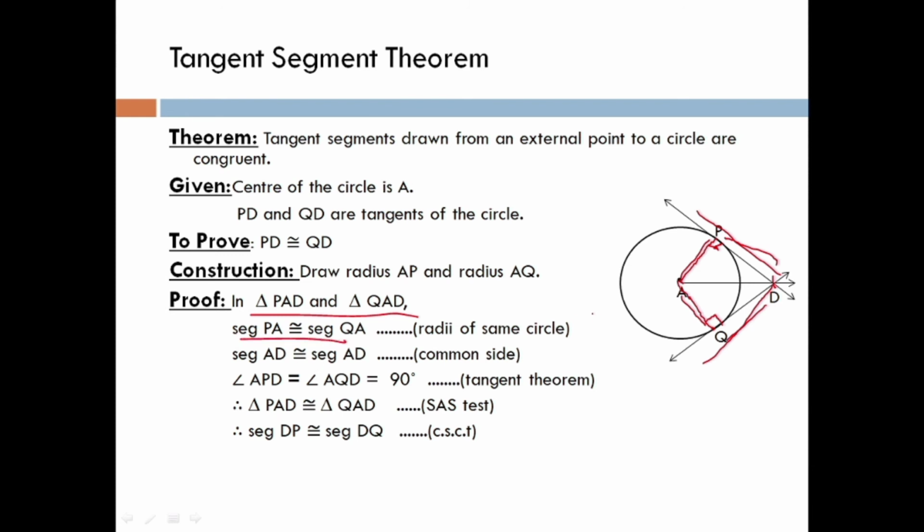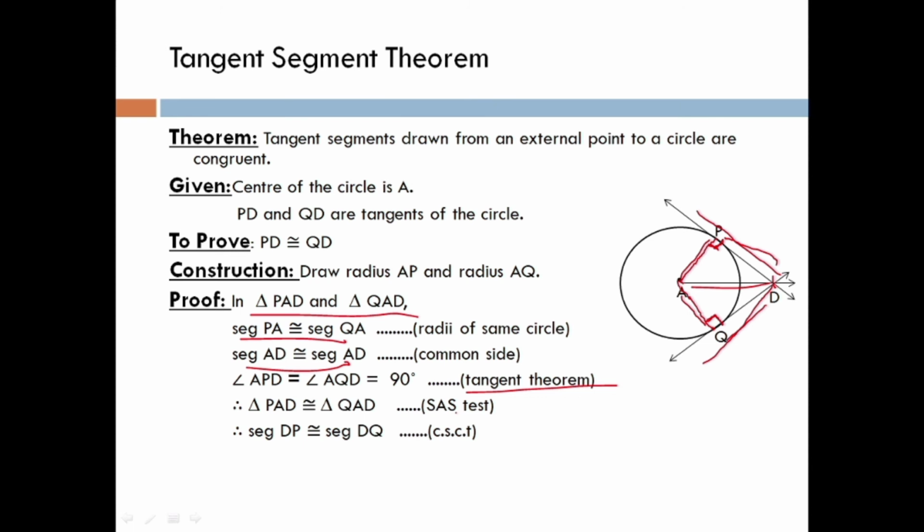Next is segment AD is congruent to segment AD. This is because it is the common segment between both of the triangles, right? So this is the second thing. And the last thing is, this angle is 90 degrees as well as this angle is 90 degrees. So they are congruent to each other and both are 90 degrees by the tangent theorem, right? This is what we have proved. And using these three, that is side, angle and side, again we get the two triangles congruent to each other, that is by the SAS test, right?